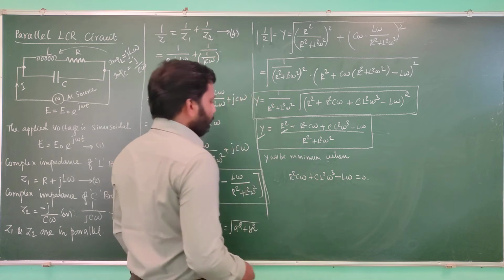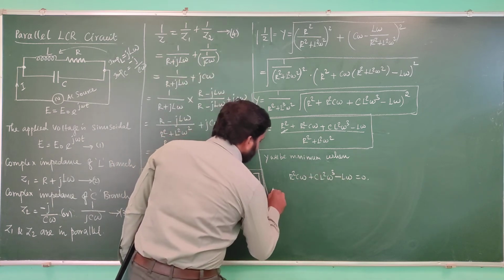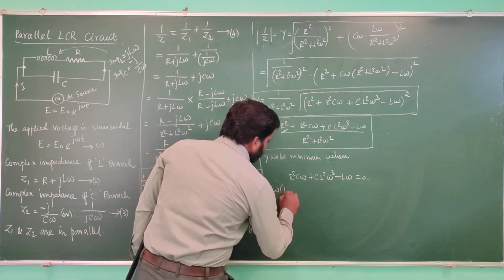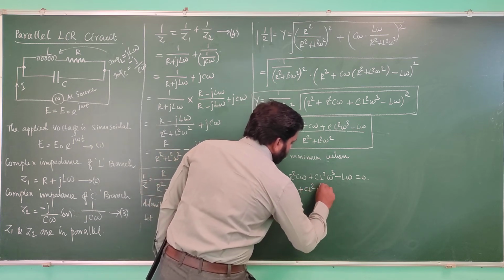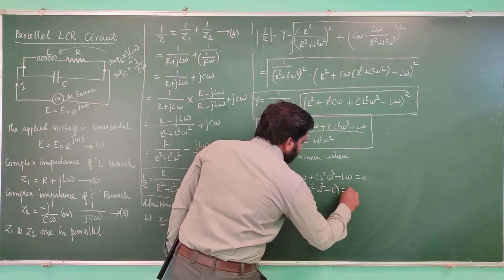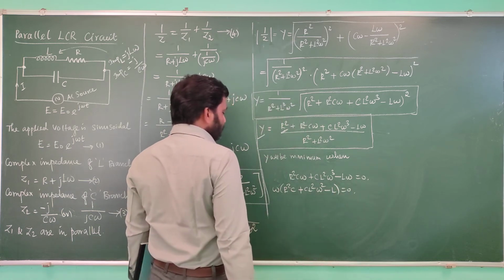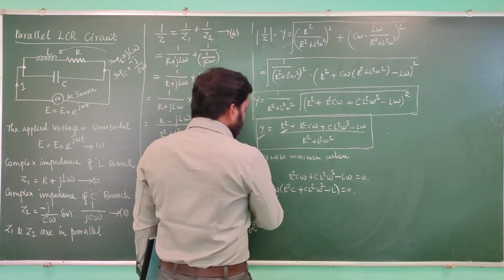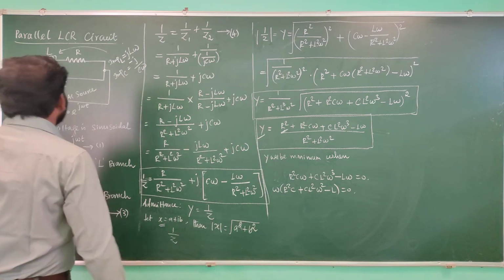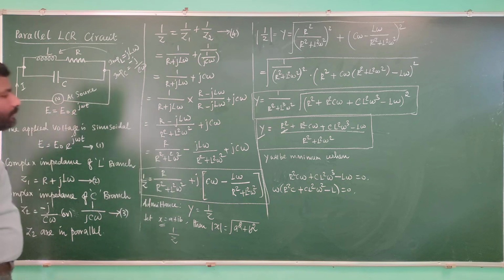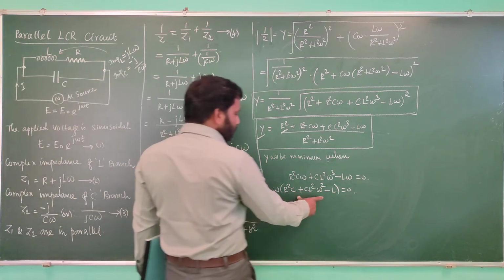In this case, omega is common in all. So let's take it out: r square c plus c l square omega square minus l is equal to 0. In this, omega cannot be 0, that is, the frequency of the applied AC source cannot be 0, so that this term can be 0.